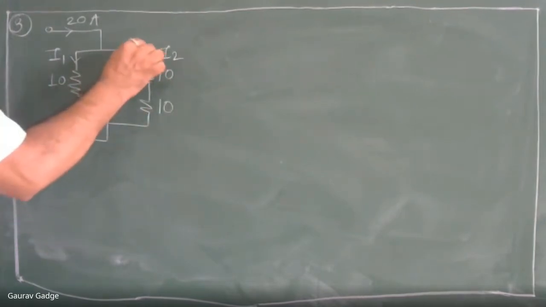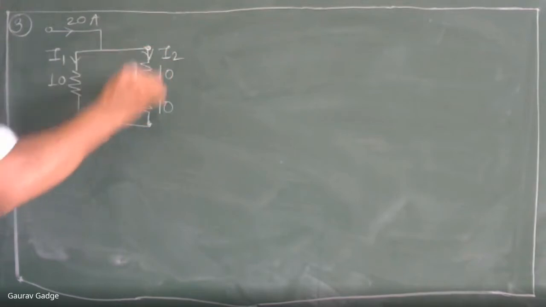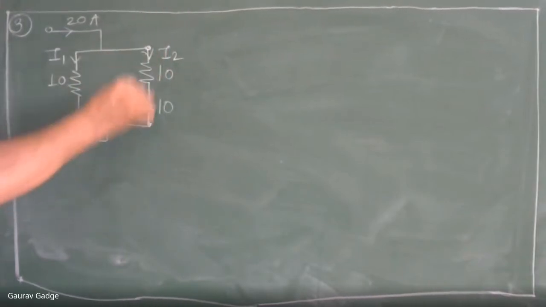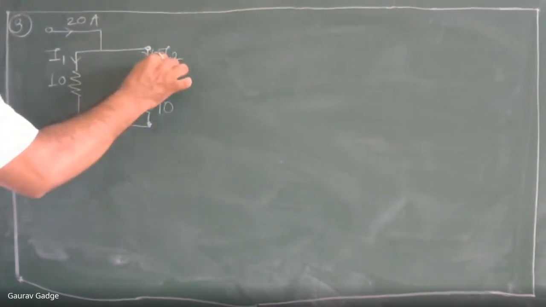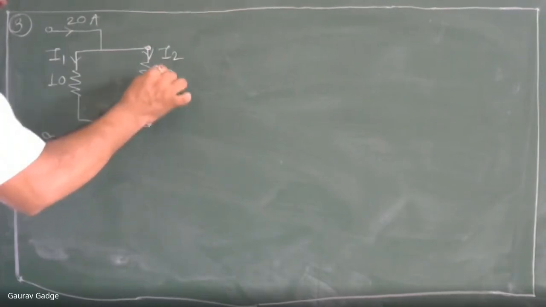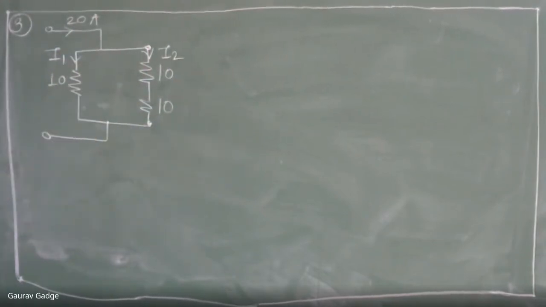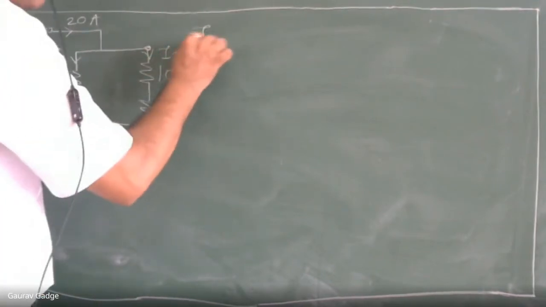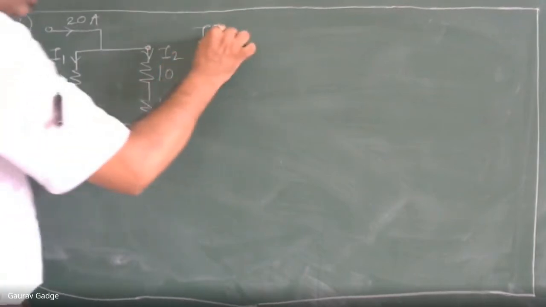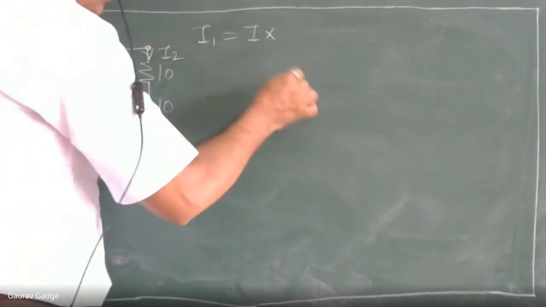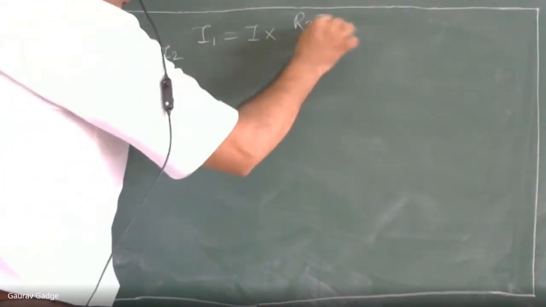This is one branch, so this branch current I2 is because of the two series combination of 10 ohm resistances.